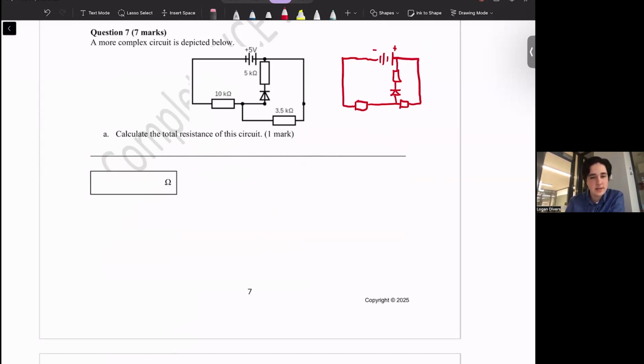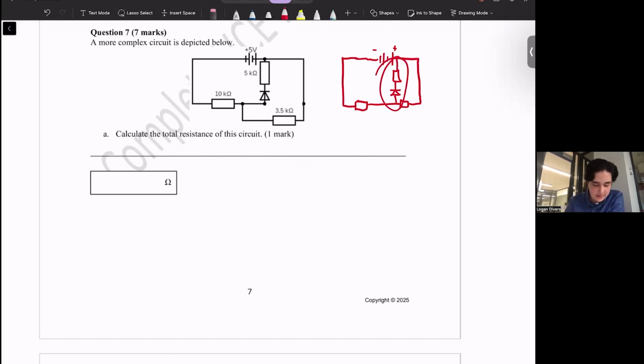Now, the issue here is that the diode's the wrong way around here. So what essentially is going to happen here is that you're going to have conventional current coming through, and it's not going to go through that diode point there.